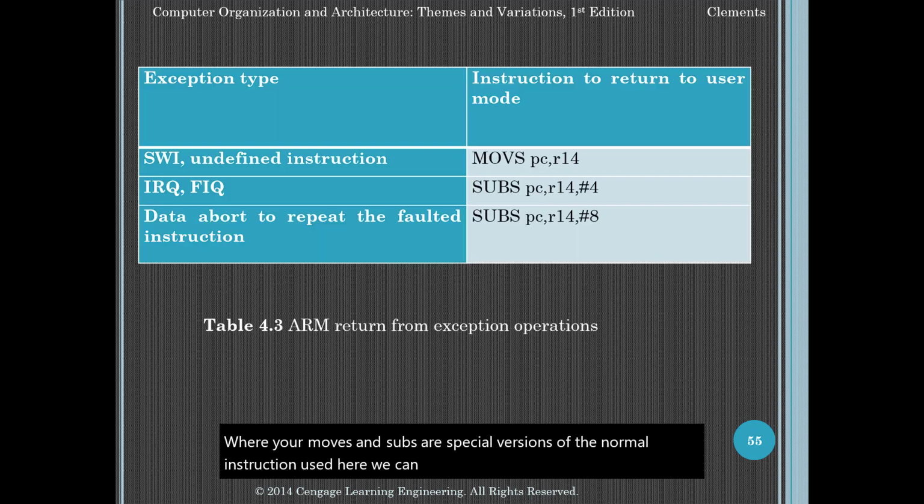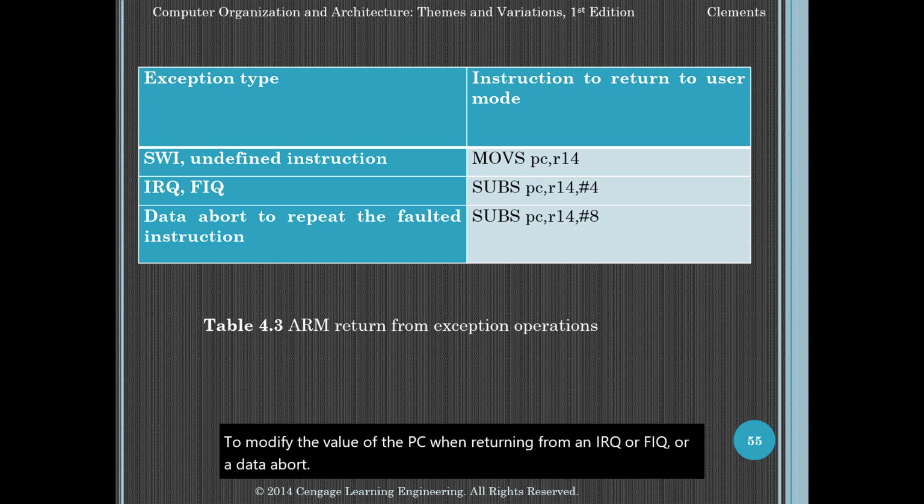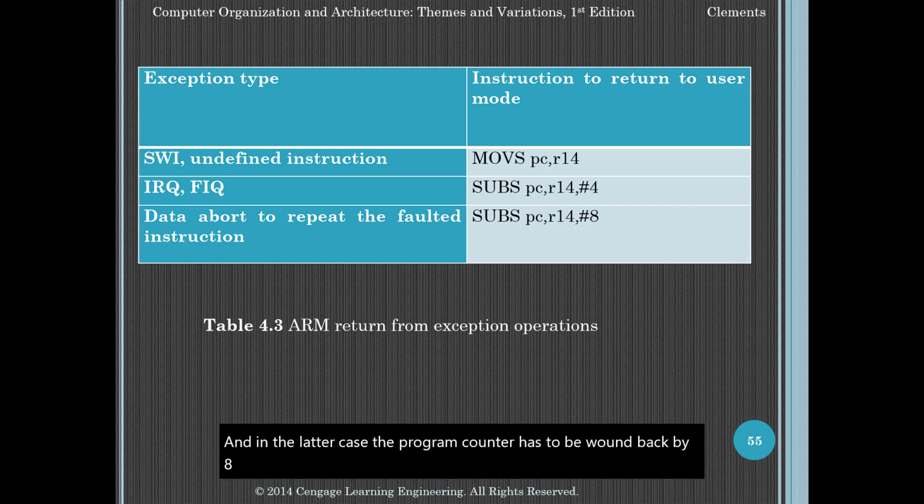Here we can take a look at this in the table, to modify the value of the PC when returning from an IRQ or FIQ, or a data abort. In the former case, the program counter has to be wound back by 4, and in the latter case, by 8, in order to repeat the instruction that faulted. So it's a little different depending on what we're doing to get back to the state that we want to be in.